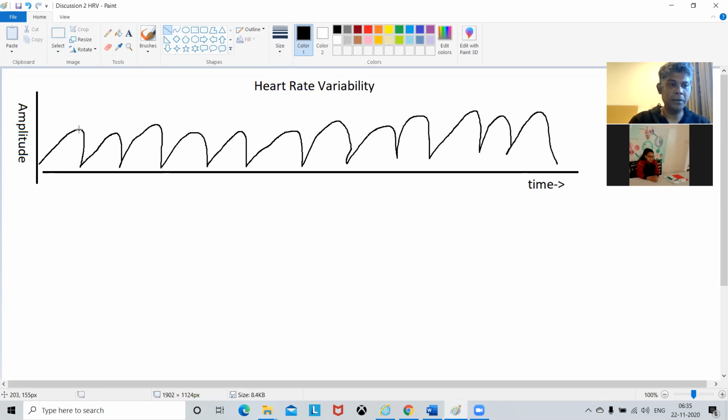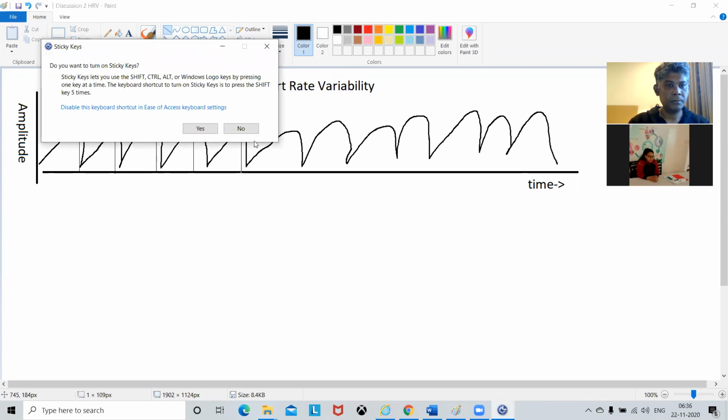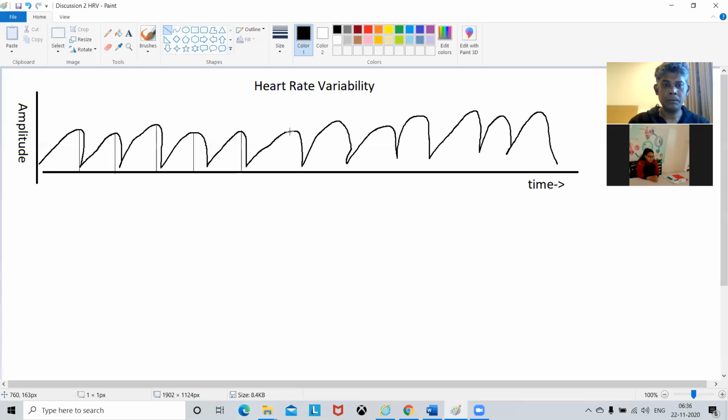Now, what we do is we find out the maxima, which is known as the peak. So this is one maxima, this is one maxima, this is one maxima, this is one maxima, and so on.